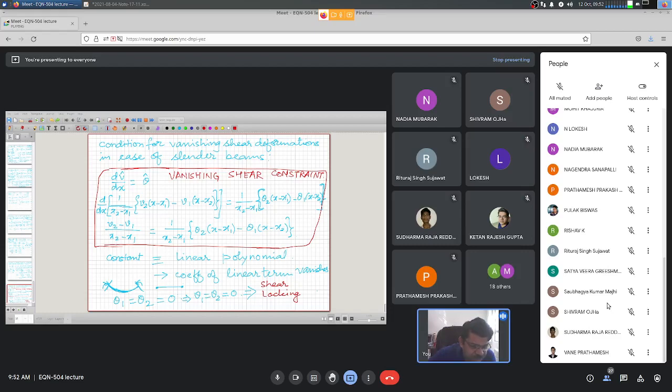There were 4 C's that are considered as the cornerstone of finite element modeling. One is of course compatibility, continuity, and completeness, and the fourth one was this consistency.